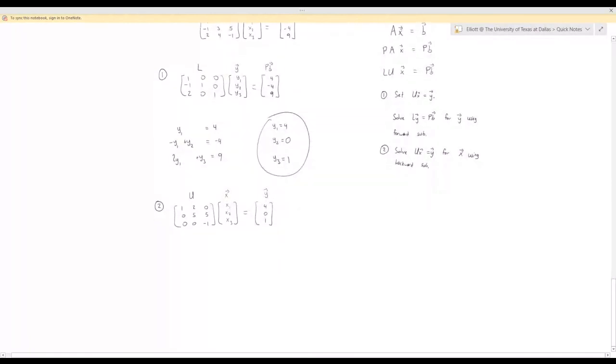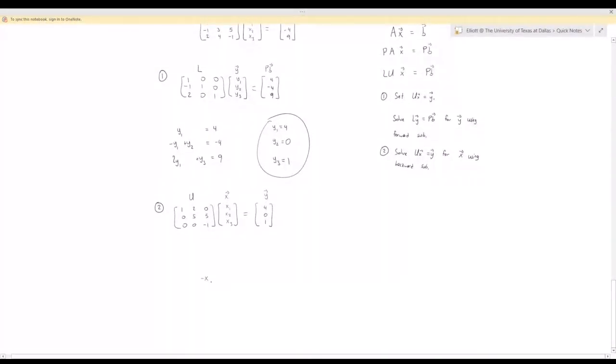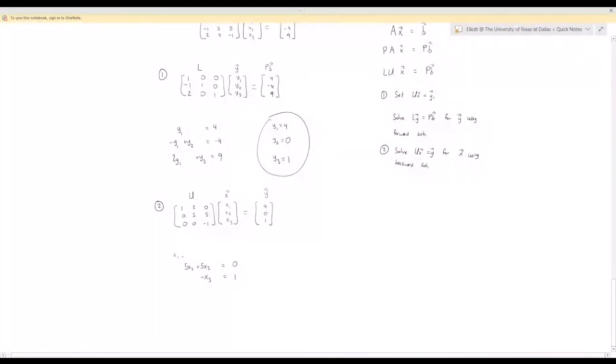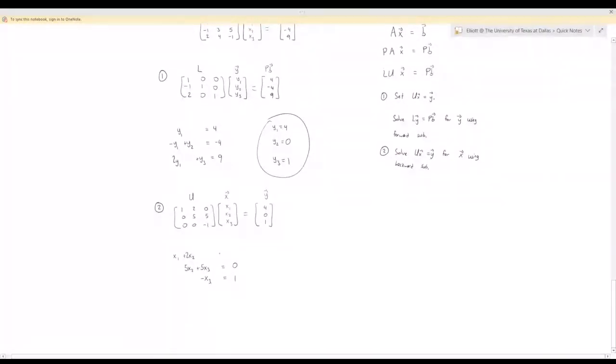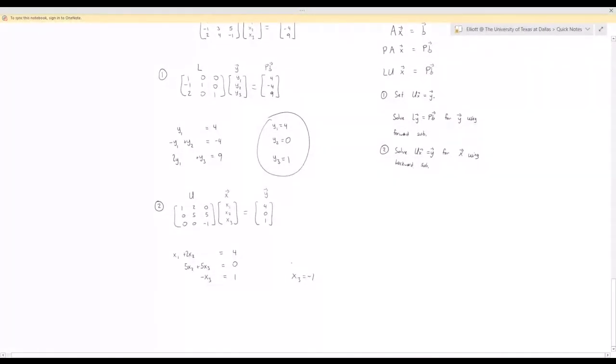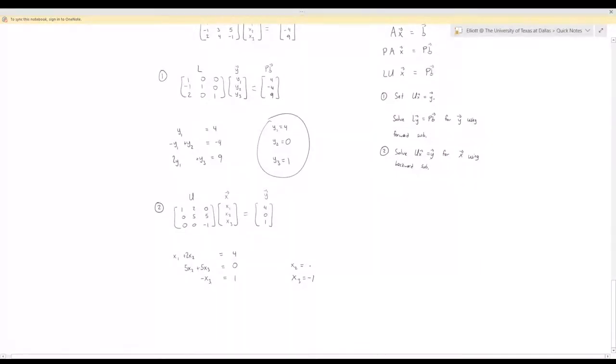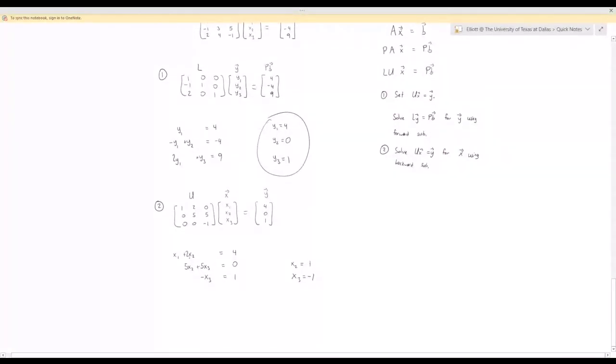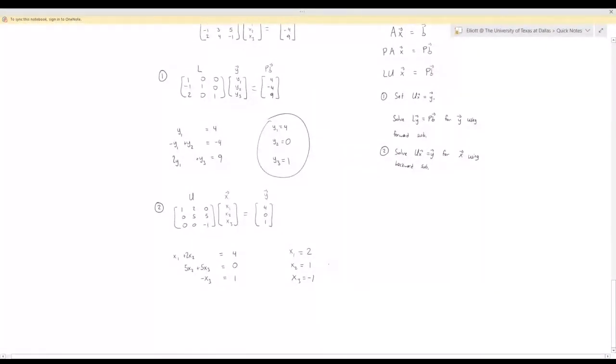Since U is upper triangular, we can easily back substitute to solve for X. So X3 is -1, X2 is going to be +1, and X1 is going to be 2.